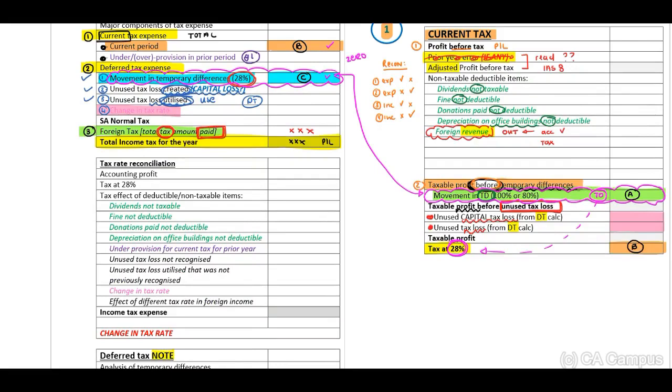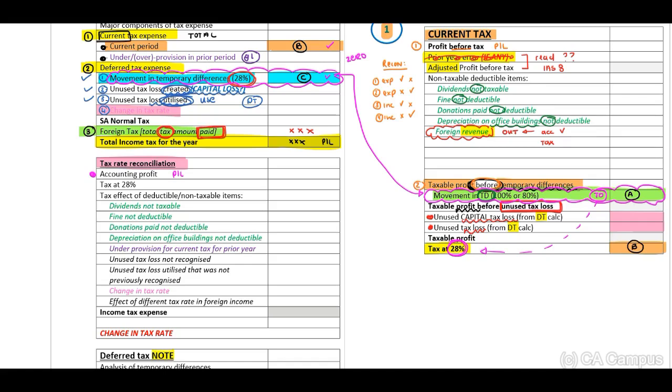Now, guys, a lot of students don't understand, why do we have a tax rate reconciliation? What is a tax rate reconciliation? Why do we have this? Okay, so when you look at a tax rate reconciliation, it starts off with our accounting profit. Remember, in terms of our profit and loss, our accounting rules.